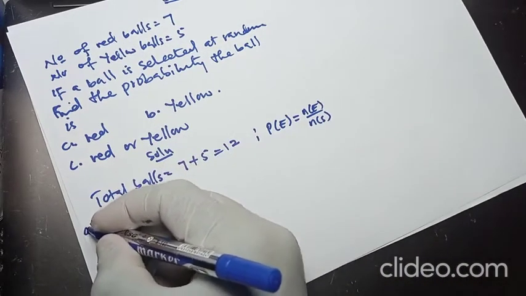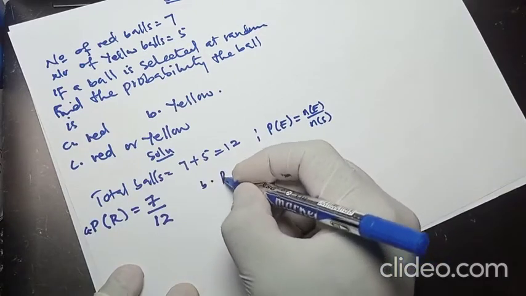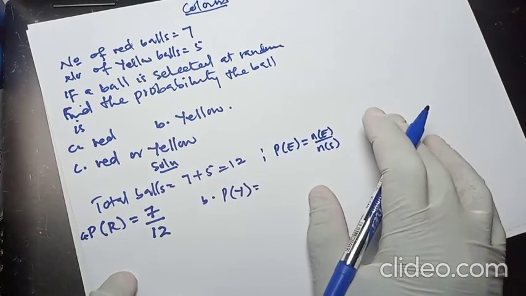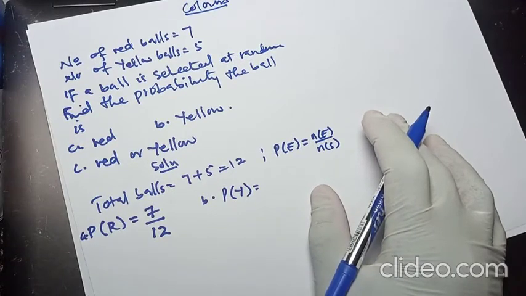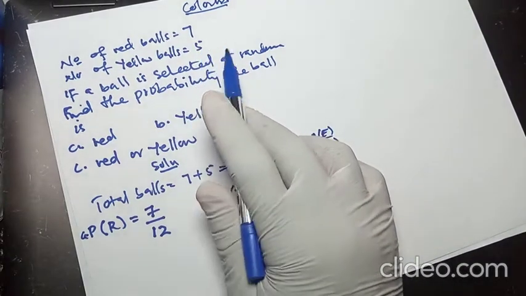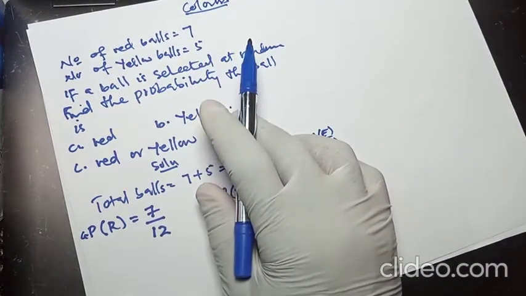So this will be our A. Our B is the probability for the yellow. When you're about to select a yellow ball, how many yellow balls do we have? We have 5 yellow balls, so we can select any of them.